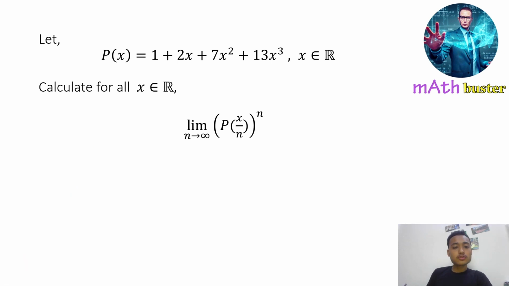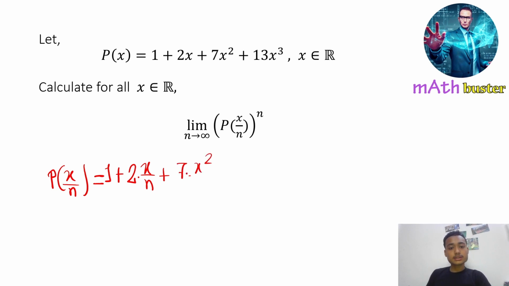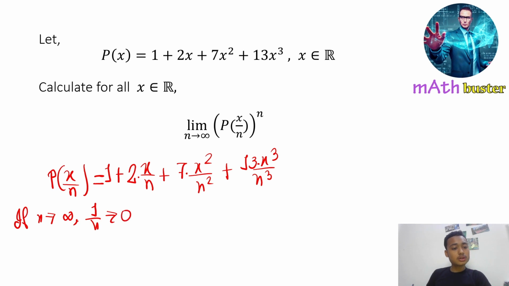So first of all, we will see what is p of x by n. P of x by n is nothing but 1 plus 2 into x by n plus 7 into x squared by n squared plus 13 into x cubed divided by n cubed. Now, if n tends to infinity, 1 by n tends to 0.